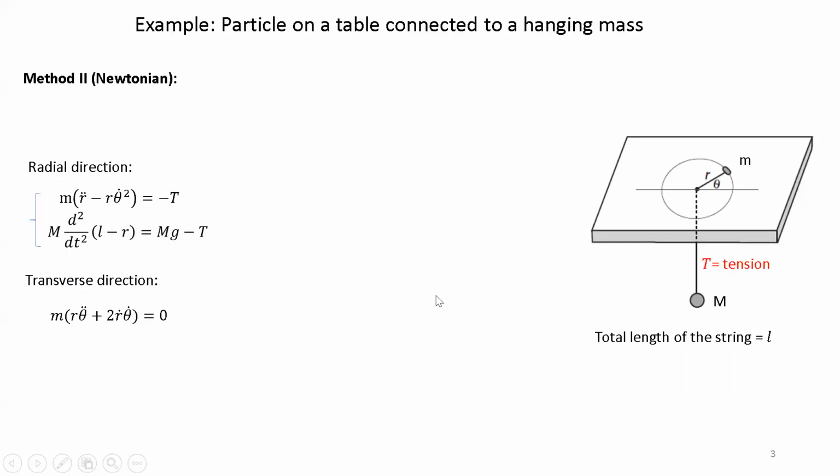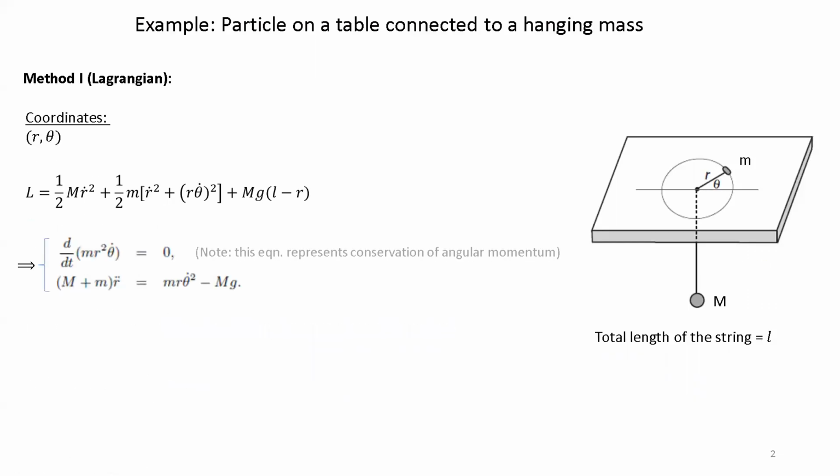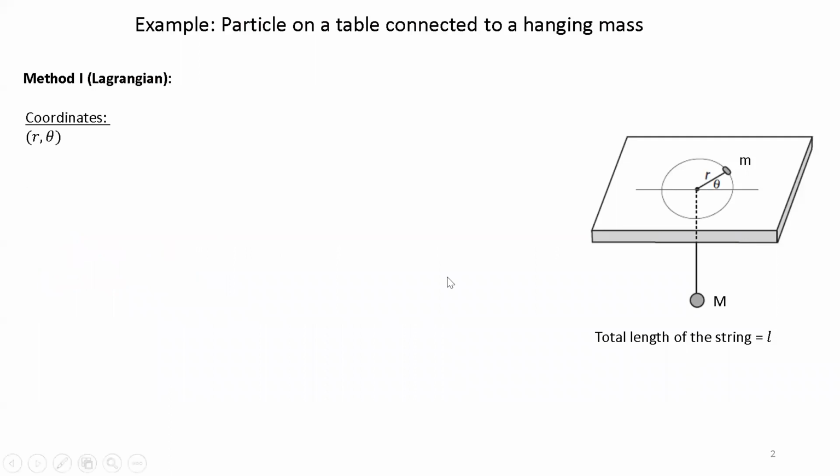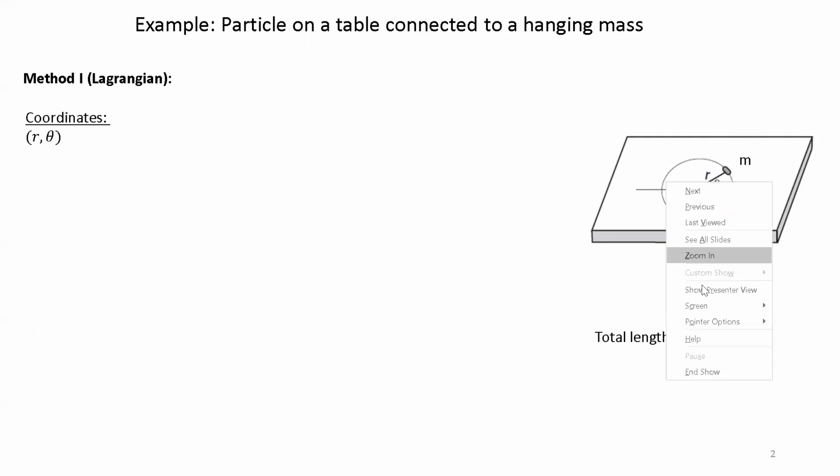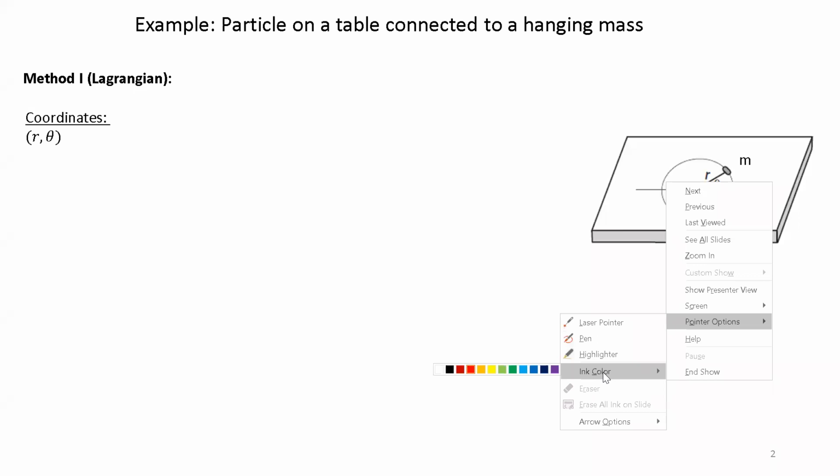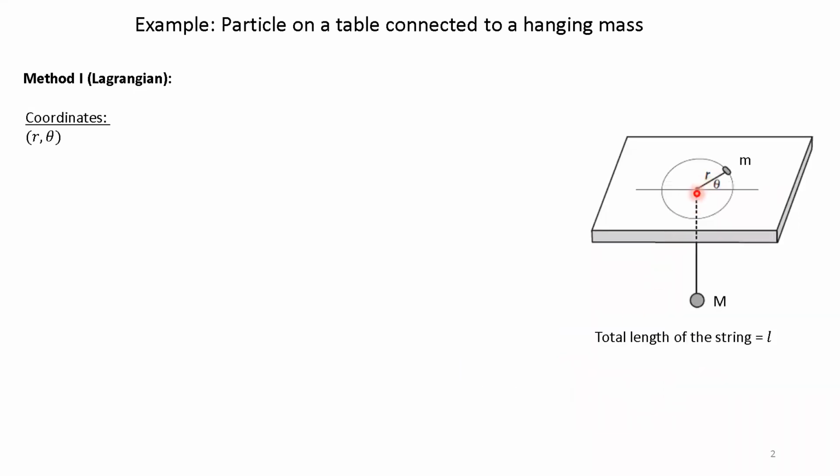So let's do the first one. The setting is the following. I have a fixed table, and I have drilled a hole at one point of the table so that I can put a string through the hole.